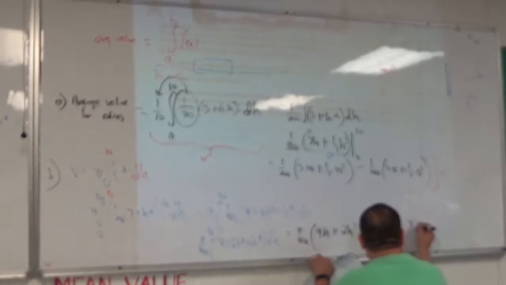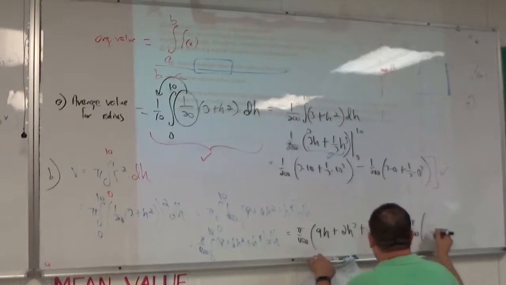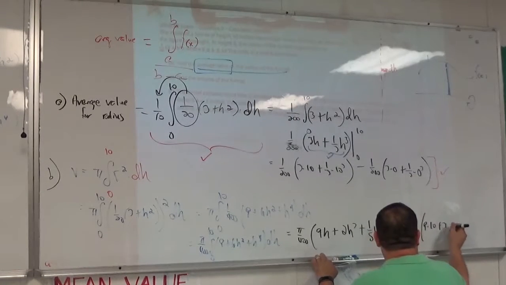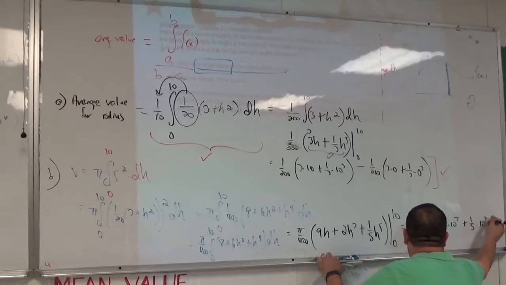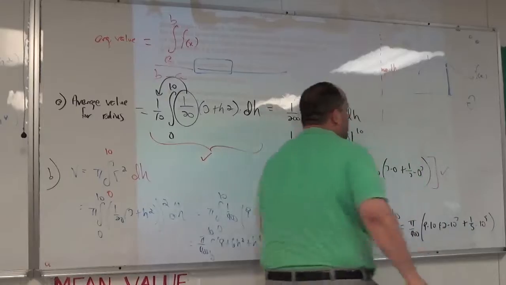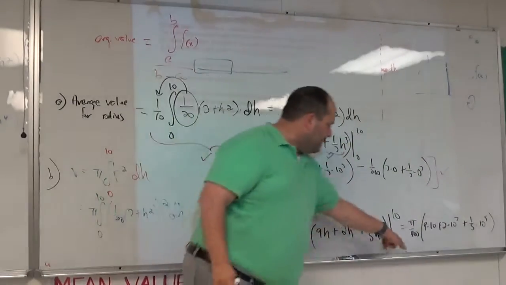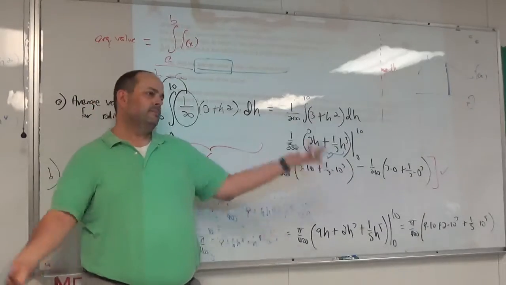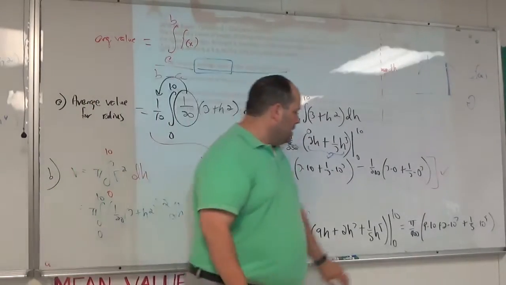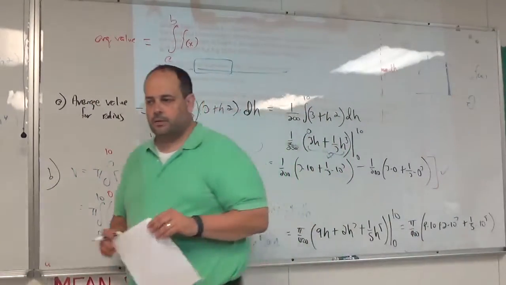So now you've got pi over 400 times 9 times 10 plus 2 times 10 cubed plus 1/5 of 10 to the fifth. I ran out of room, but then you're going to write minus what you get when you plug in 0. So that's the final answer.